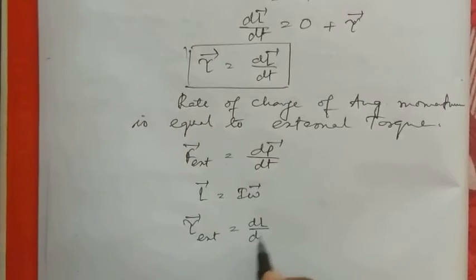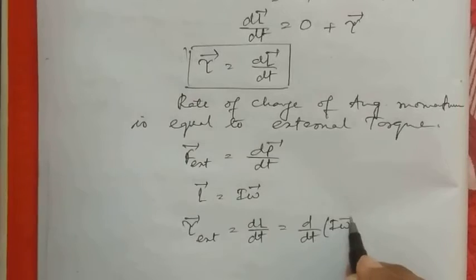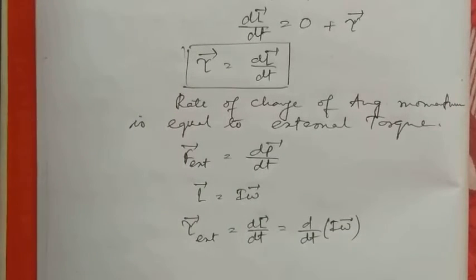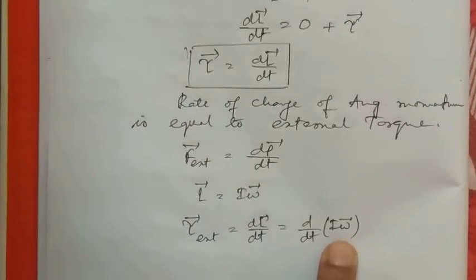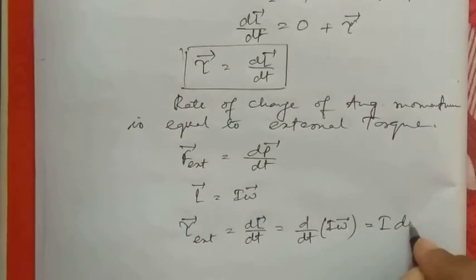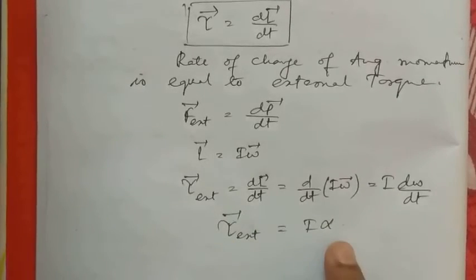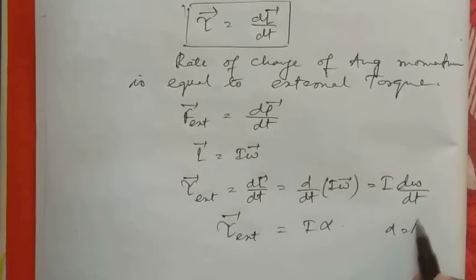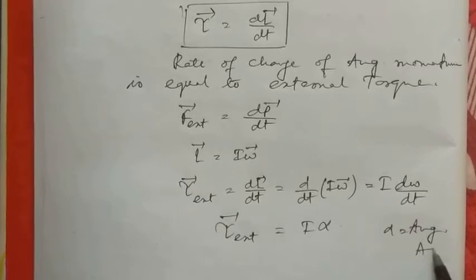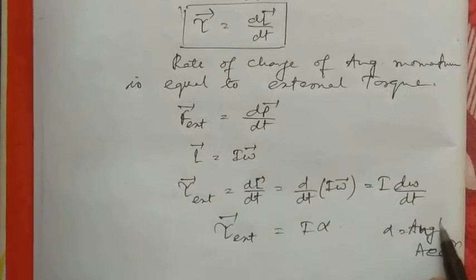It was dL by dt. So d by dt of I omega; instead of L we have written I omega. I is a constant term, so it comes out of the derivative, leaving d omega by dt. So tau external becomes I into alpha, where alpha is the angular acceleration.